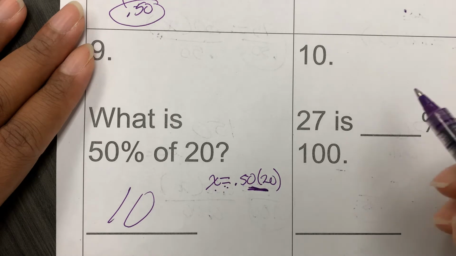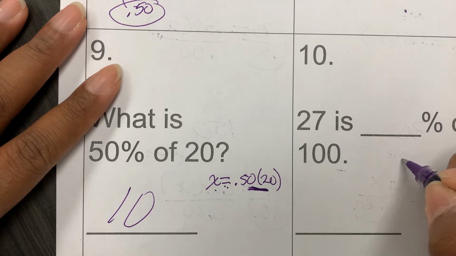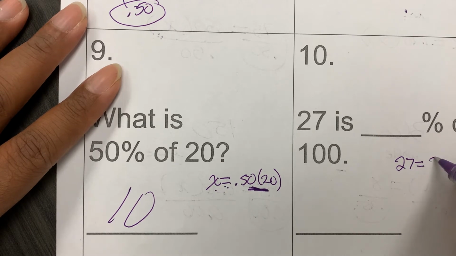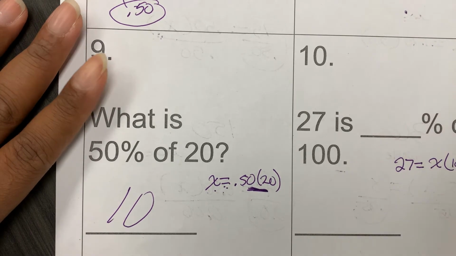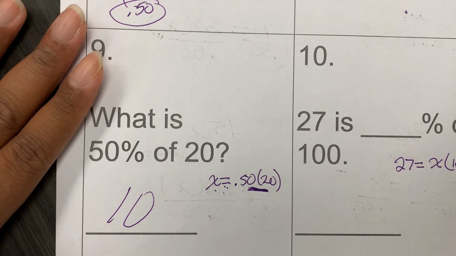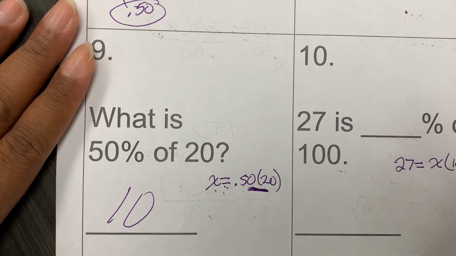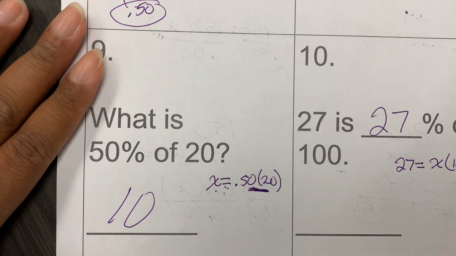And then finally, 27 is blank percent of 100. If you're writing it out, you put 27 is, missing the percent, of being to multiply, and you're multiplying with 100. Now, I know in your brain you're like, percent is parts per 100. So if I only have 27 out of 100, you probably guessed you had 27%. But how will we solve it?